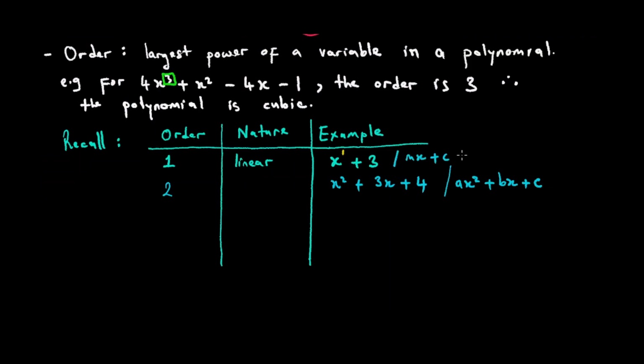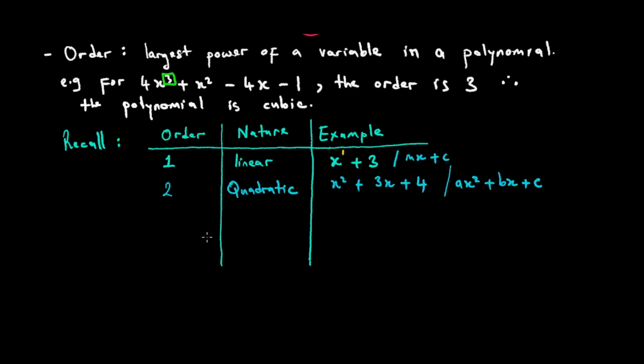I'm taking this mx plus c from the general expression of the equation of a line. Remember, the equation of a line is y equals mx plus c. So m and c, of course, are just real numbers in most cases. What is this called? This is called quadratic.